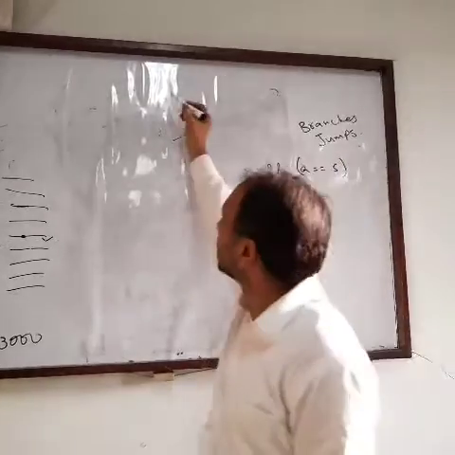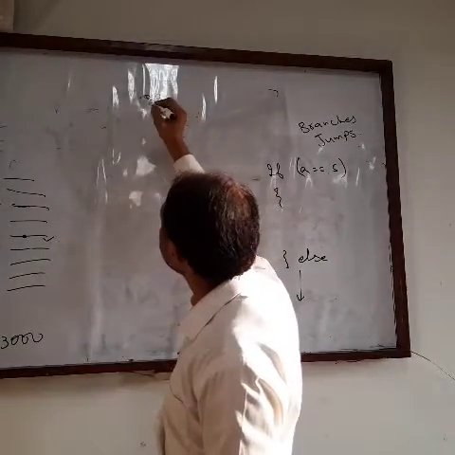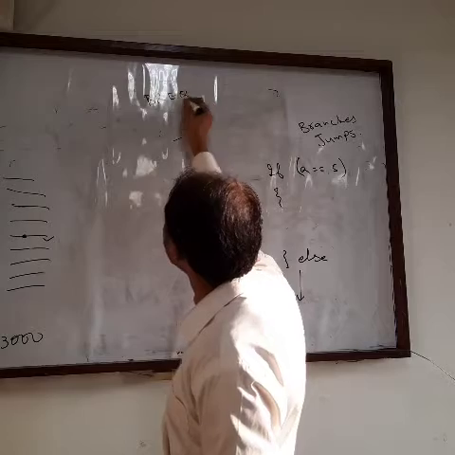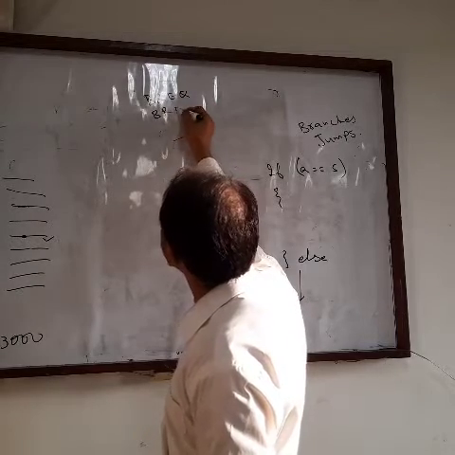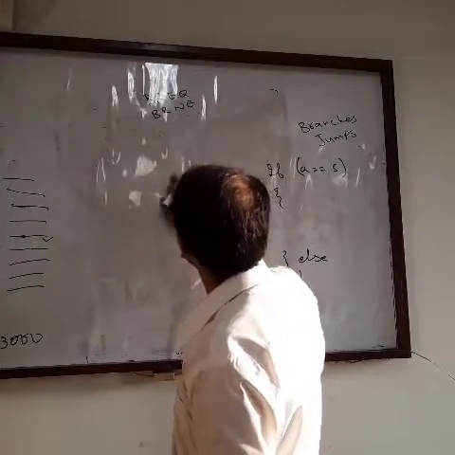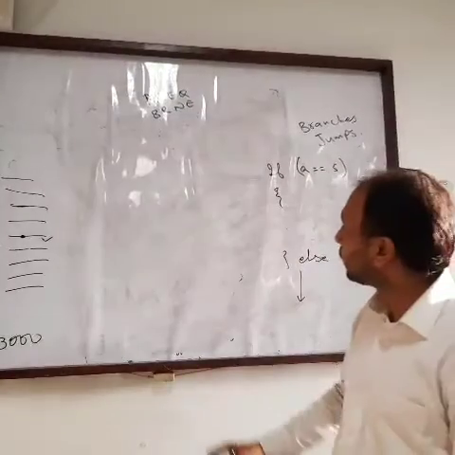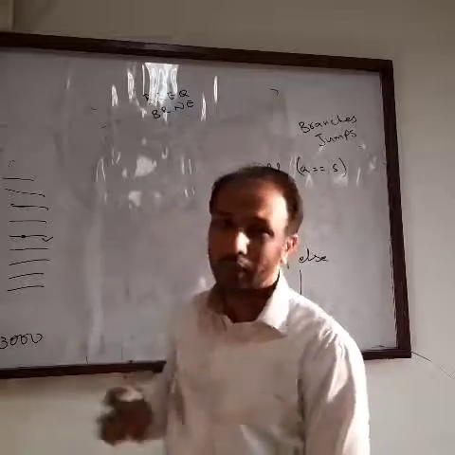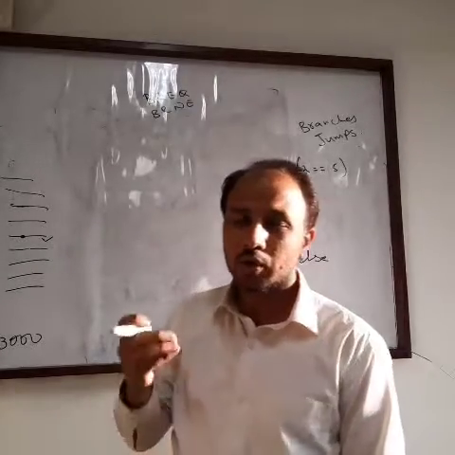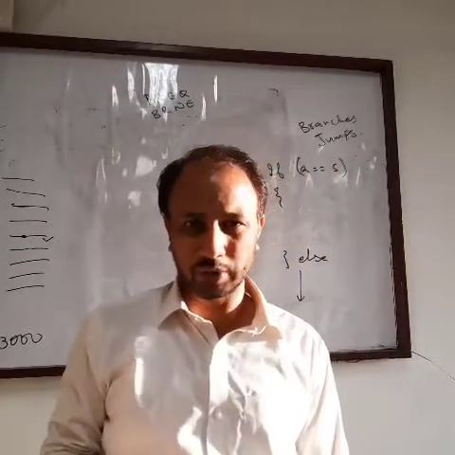We have learned 2 instructions, branch equal and branch not equal. So how can we do this? You know that our ALU does all the processing on our registers.